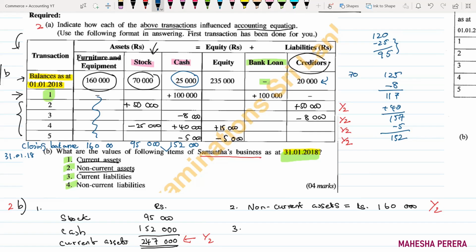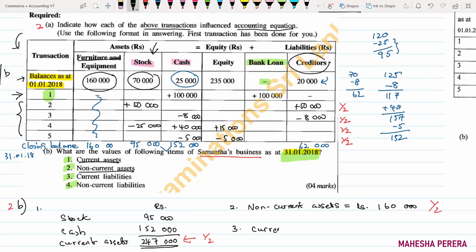Again, it decreases by 8,000, that means 62,000. Okay? The closing balance of the creditors is 62,000 rupees. So we write the same value.